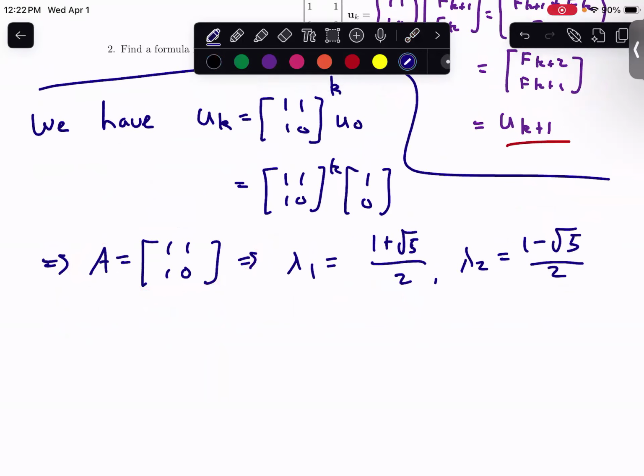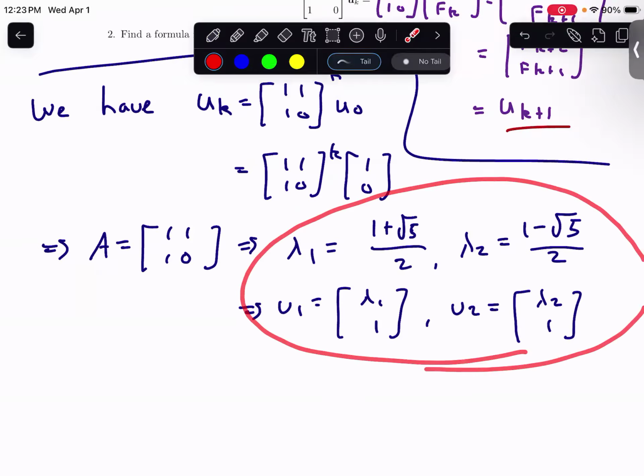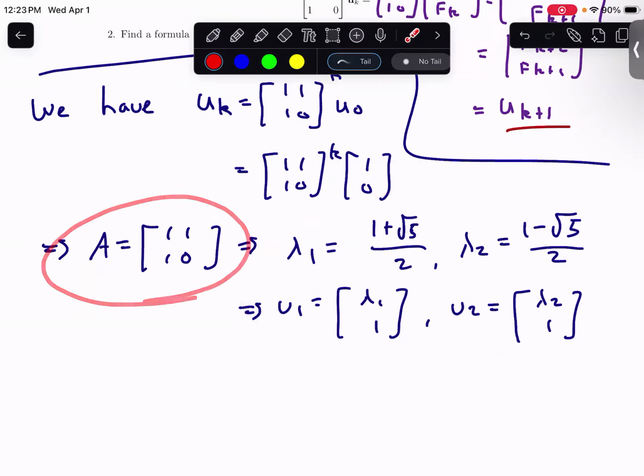And then the corresponding eigenvectors are going to end up being V1, where the first component of V1 is given by lambda 1. So it's this number right here. And then you have 1 down here. And then V2 is going to be the same thing, except it's lambda 2, 1 like so. And so with this information, you're able to pretty easily determine what the power of A is going to end up being.